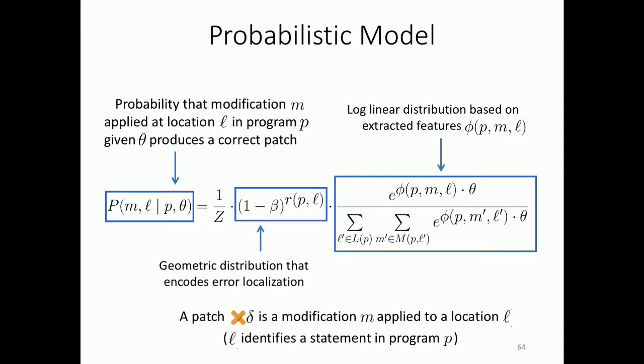This part tries to assign higher probability scores to those patches whose modified locations are ranked higher by the error localizer. So once we learn this model parameter theta value with this formula, we will be able to compute a probability score for each patch in our search space, and we will be able to rank patches with this formula.